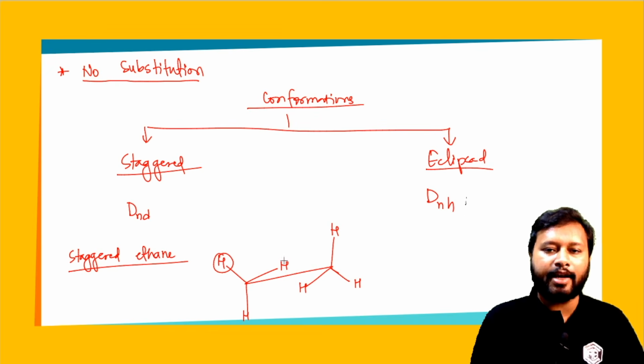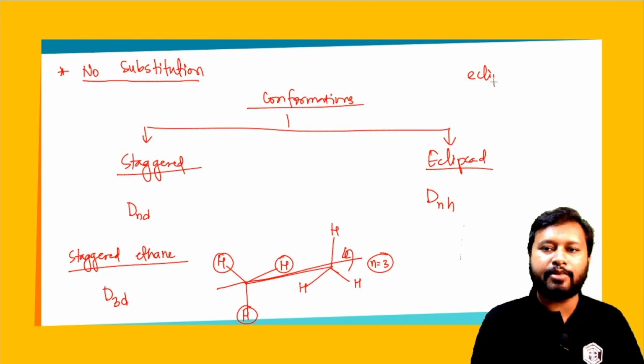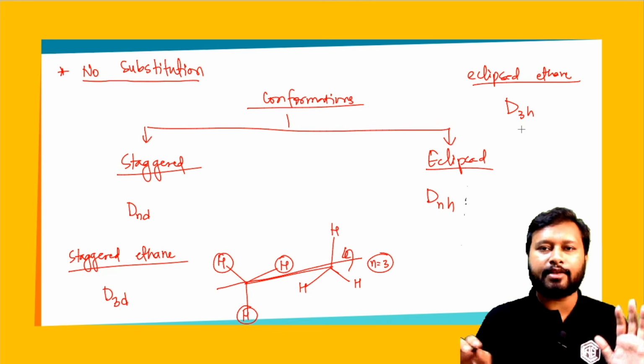There are 3 hydrogens which replace each other if I apply an axis and rotate it. So n should be 3. That's why for staggered ethane your point group is going to be D3d. And what about eclipsed ethane? For eclipsed ethane you don't have to do much work now, that will be D3h, that's it.